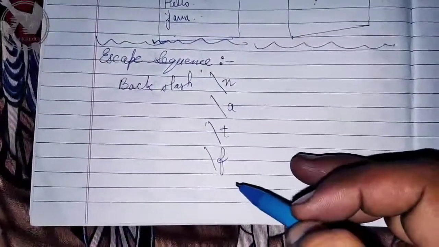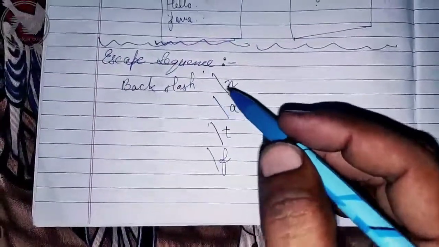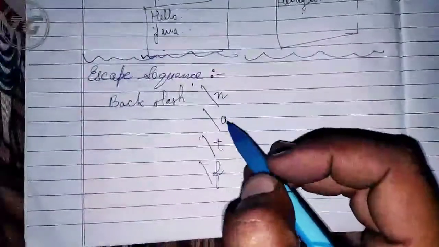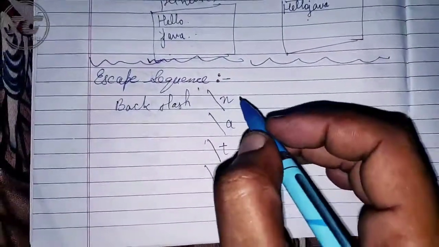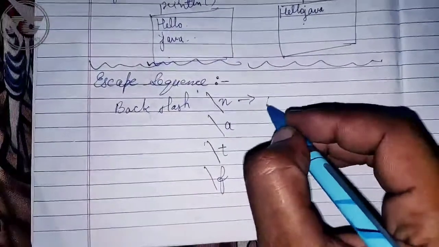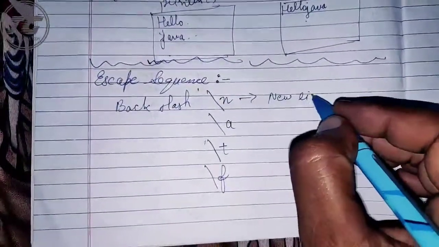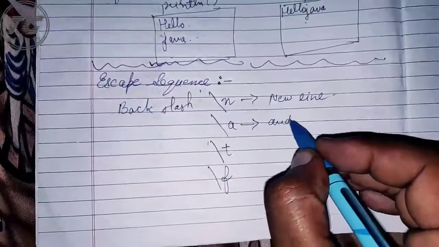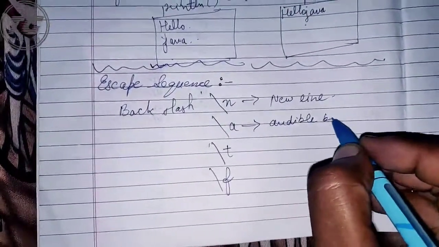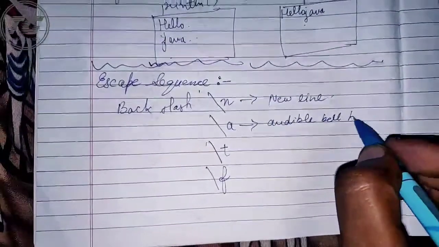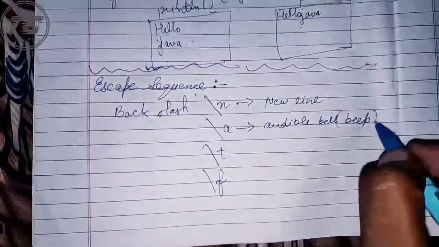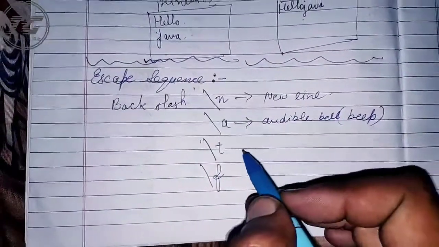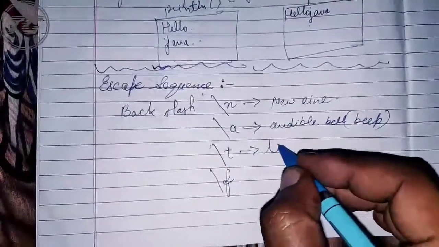There are some special characters used after a backslash, and they are called escape sequences. These special characters have a special meaning. For example, backslash n is used for a new line. Backslash a is used for the audible bell, or beep, so if you want to hear a beep sound, backslash a can be used.